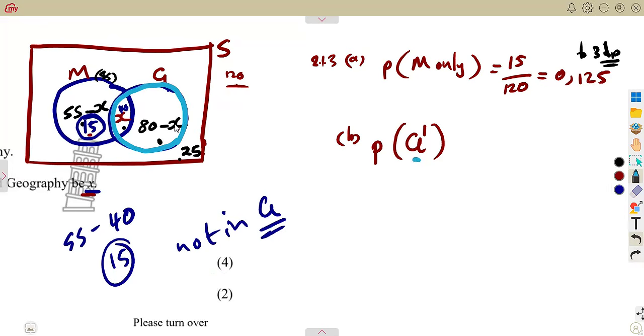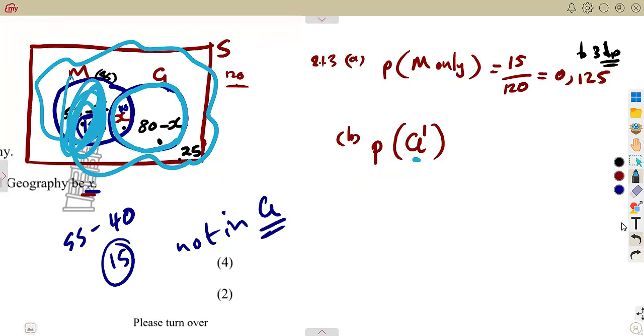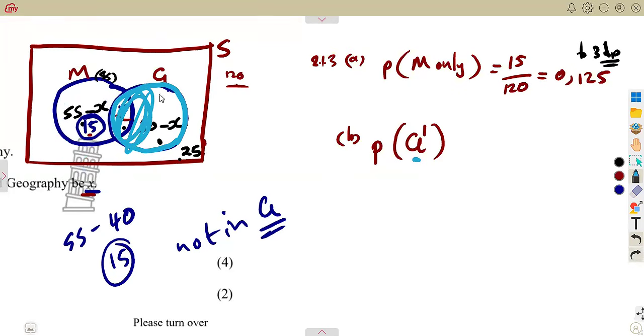Not in G. So what is not in G? It is the 15 and the 25. This is the part that is not in G. This one, outside of G. That's outside of the set G. You cover the set G like this and you look at what is outside of it. That is G complement. That is what is not in G. So there is 15 and there is 25.